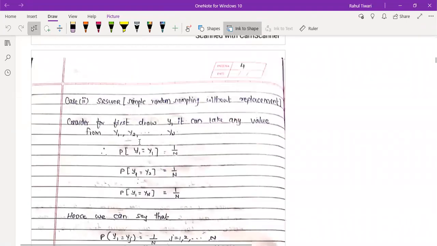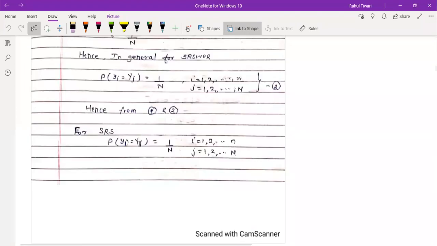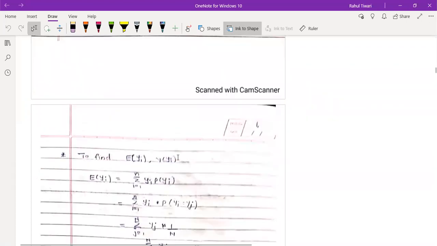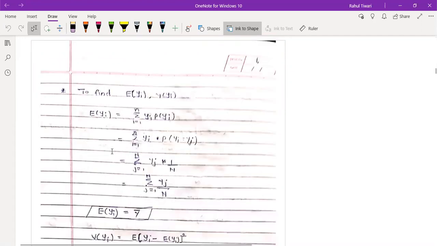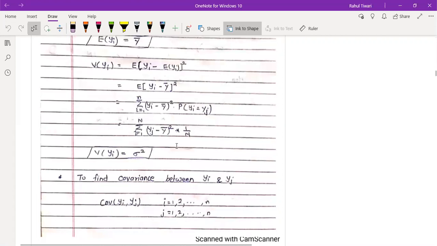Then you have to do all these derivations, both of them, because if the question says under SRS, meaning simple random sampling, and they have not mentioned WR or WOR, you have to do both. If they have mentioned it, then you can go according to that. Then we found the expected value of the drawn unit and the variance of the drawn unit.